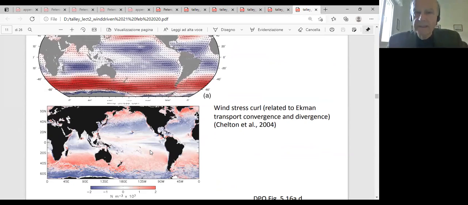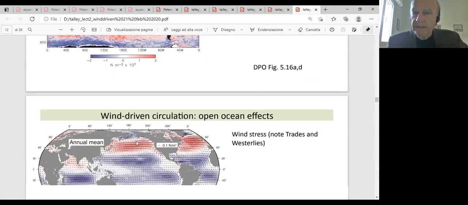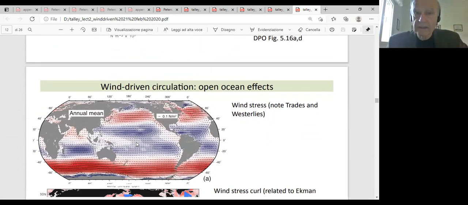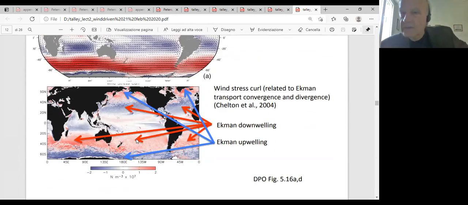And here is similar to what we have seen before, the wind stress and the wind stress curl related to Ekman transport convergence and divergence.